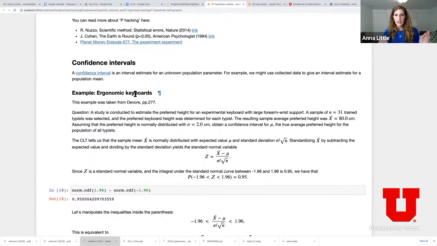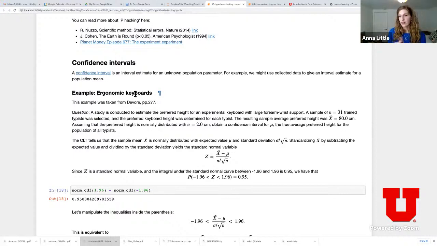We're never going to know it exactly, but we're going to come up with basically a range, an interval of values, and we're going to say, well, we're pretty confident that the population parameter lives somewhere in that interval. We don't know exactly where, but maybe we're 95% confident it's between 2 and 4, even though we don't know what it is. That's the basic idea of a confidence interval. So we're going to collect data. We're going to start with a sample.